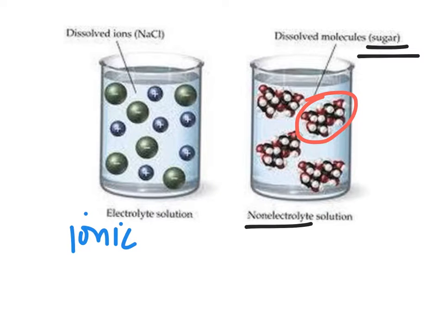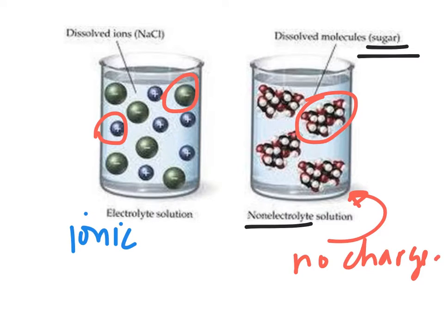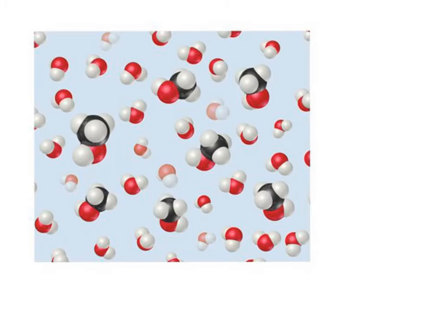And you can see in this solution we have individual cations and individual anions. Over here we have no charged species. The molecule has stayed completely together. It's covalently bonded, so all of the atoms are sharing electrons. There are no ions present. But it's still dissolved in the solution.